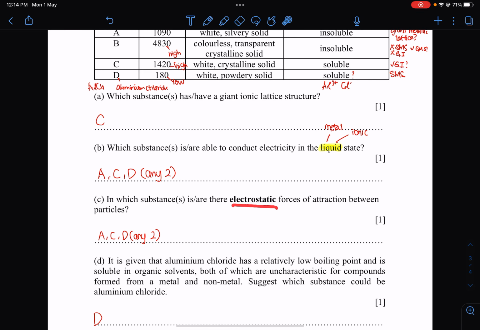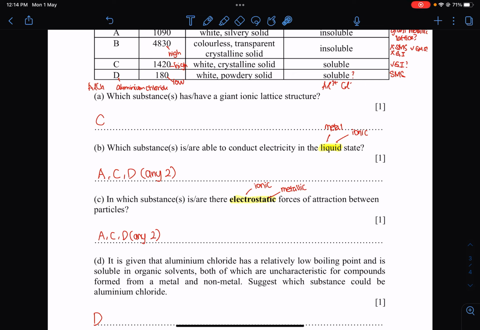Question C. They say they want electrostatic forces of attraction. Usually when we say electrostatic, we're referring to ionic, or metallic. Why are there electrostatic forces of attraction in metallic elements or mixtures?